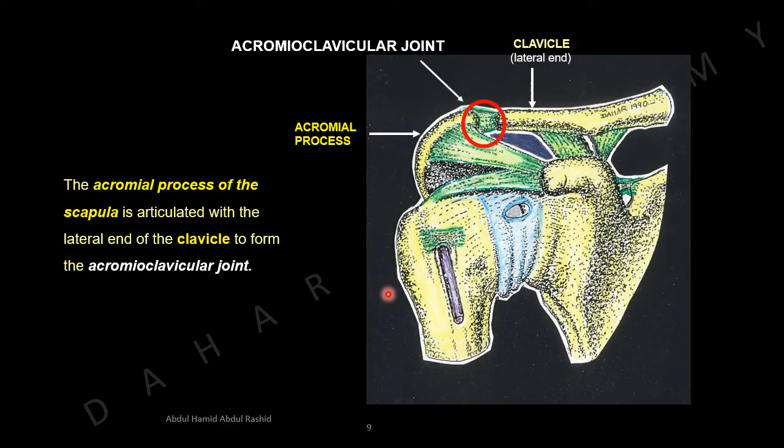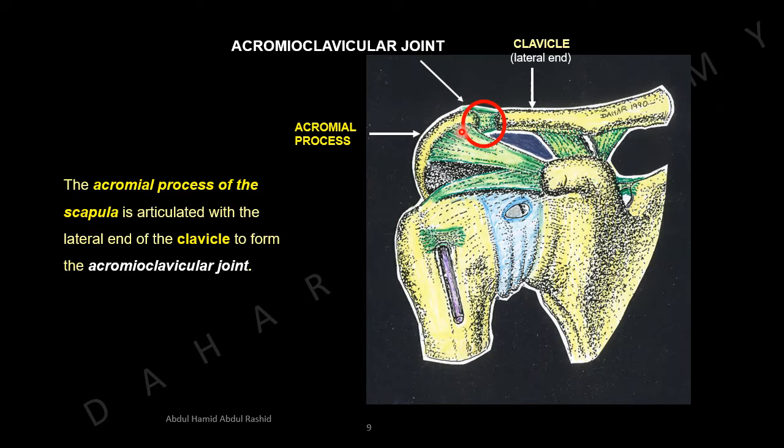Look at the diagram. This is the anterior view of part of the scapula. This is the lateral end of the clavicle. This is the acromial process, that is the lateral extension of the crest of the scapula.